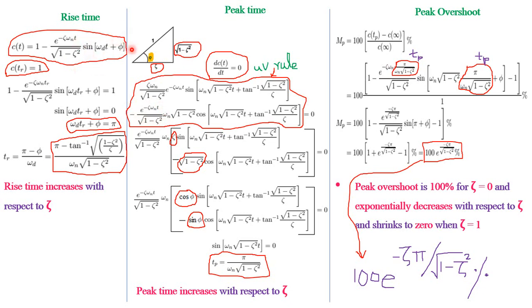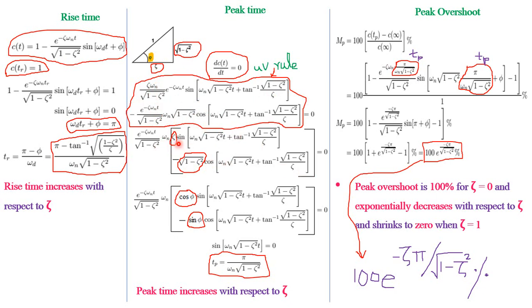Sin of something on differentiation gives cos of something, so cos of omega d t plus phi, and then by function of a function we get omega d. Here, e power minus zeta omega n t by root of 1 minus zeta square into omega n can be taken as a common term. If we take it like that, this zeta will come here multiplied by sine, then this root of 1 minus zeta square will come here with cos of something.